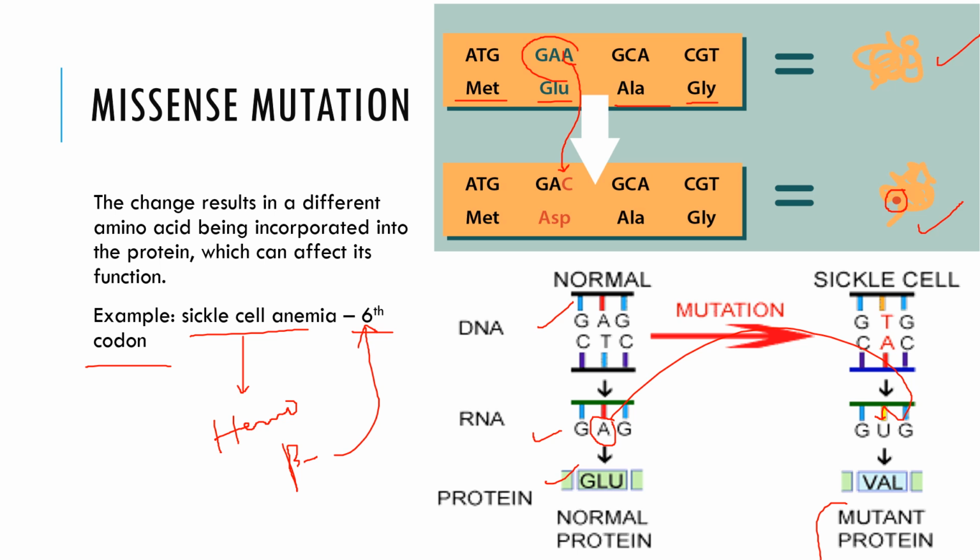You know that hemoglobin is responsible for carrying oxygen in the blood to different parts of the body. So if valine is present, it will ultimately affect the functioning of hemoglobin. So this is the missense mutation.